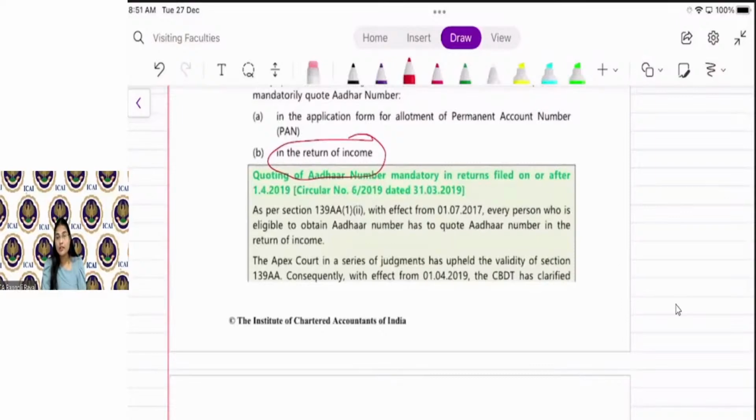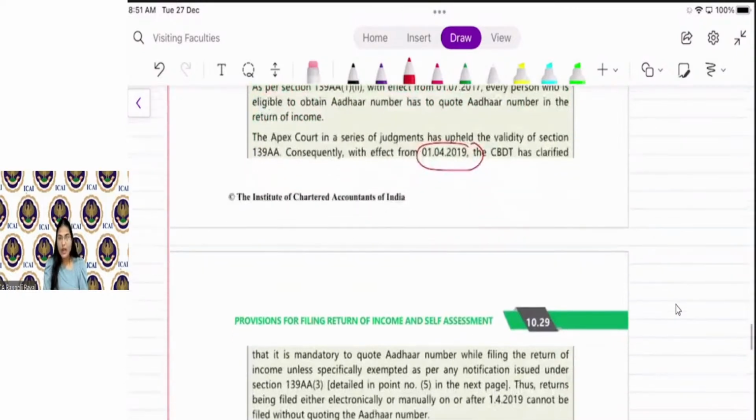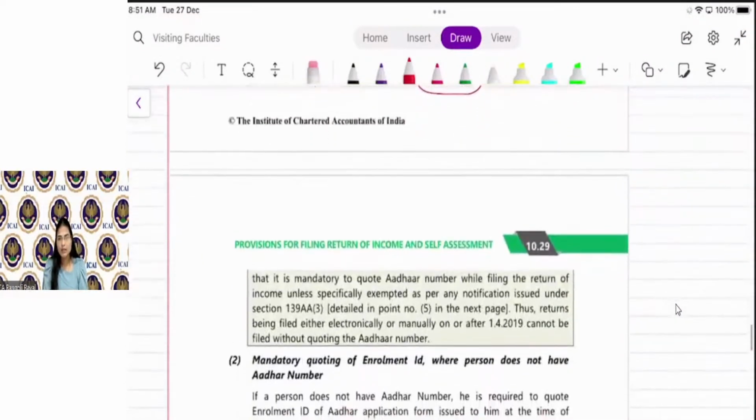So after 1st April 2019, CBDT made it mandatory that you have to mention your Aadhaar number while filing your return of income. So that on the basis of Aadhaar number, whatever mobile is linked with your Aadhaar, you can generate an OTP, and on the basis of that OTP, you can verify your return of income electronically.